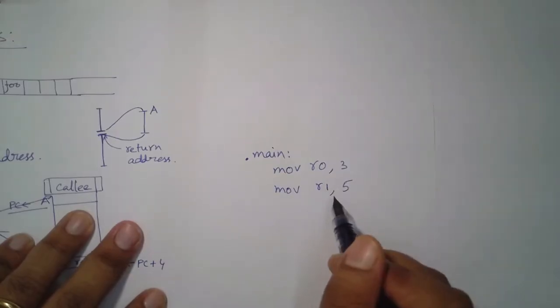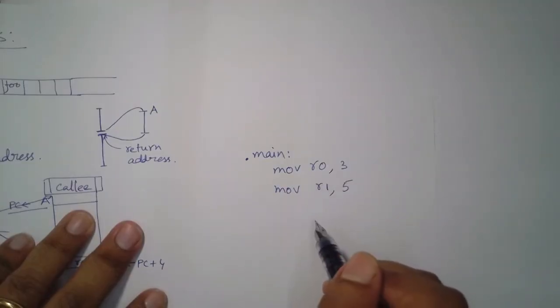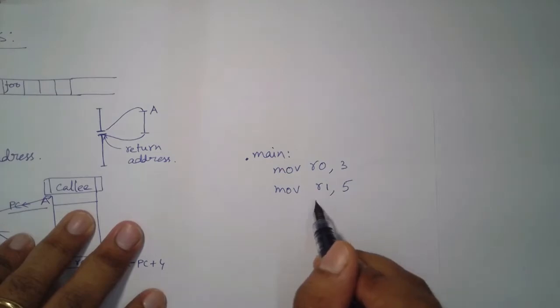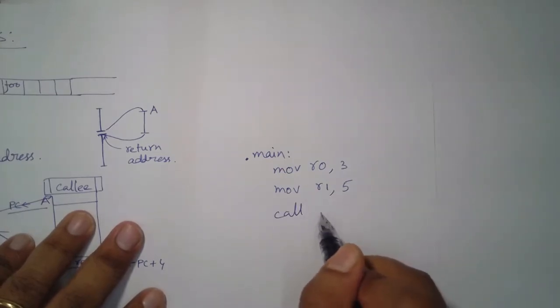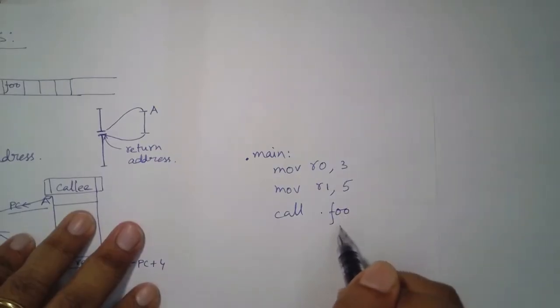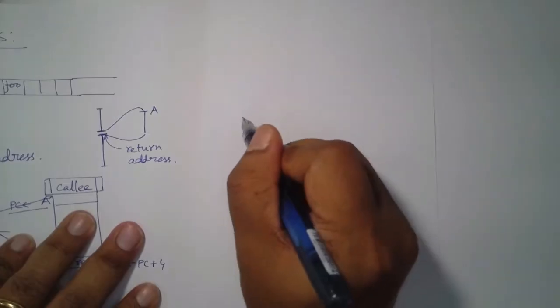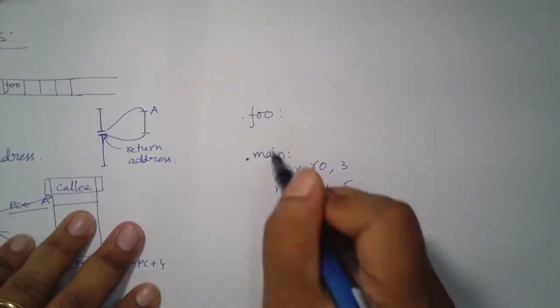Now my objective is to add these two values. For adding these two values, let us say I have a function called foo, all right. I have to define this function somewhere, so let us say I define it here. This is the label where I define this function.